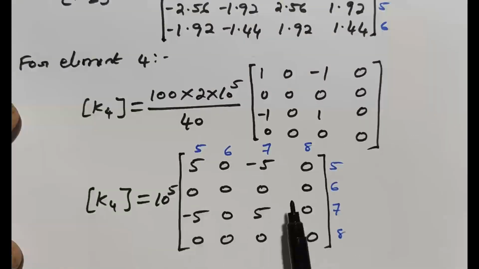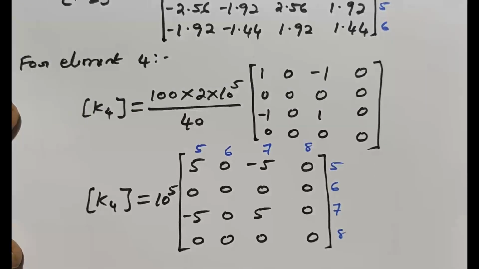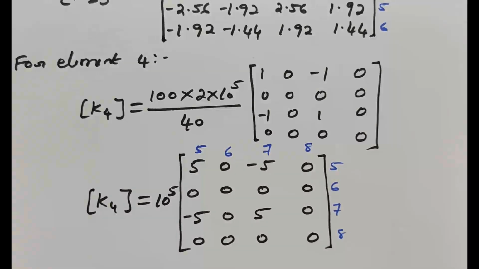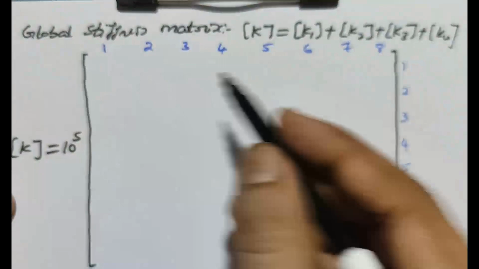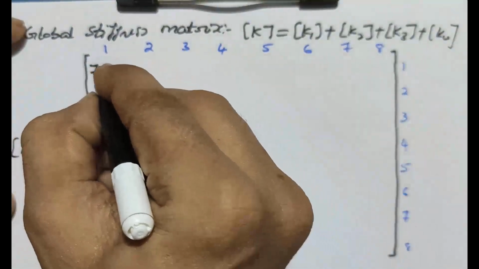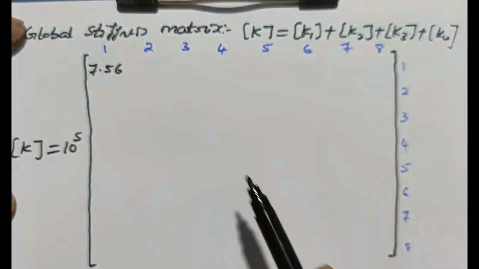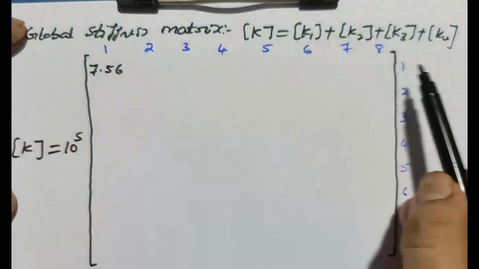In K4 also we don't have any element corresponding to 1 and 1. Therefore here we have to add 5 and 2.56, so it will be 7.56. So element corresponding to 1 and 1 is 7.56.